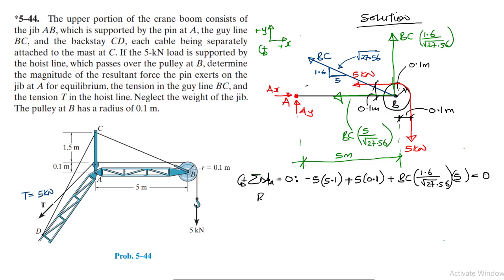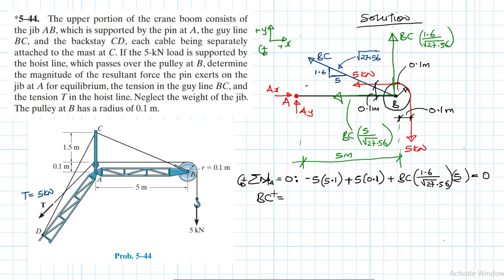Therefore, what is our BC equal to? This gives us 16.41 kilonewtons. Then summation of forces in the x direction is equal to 0.